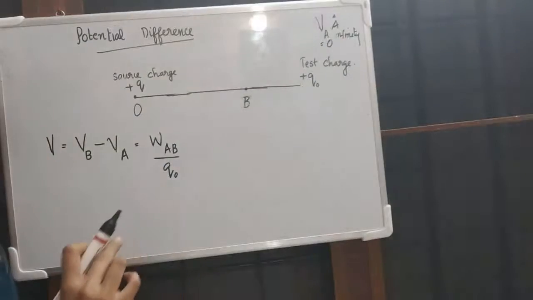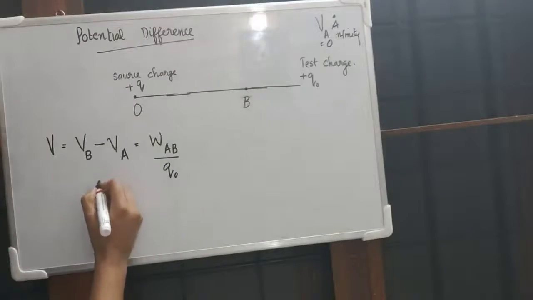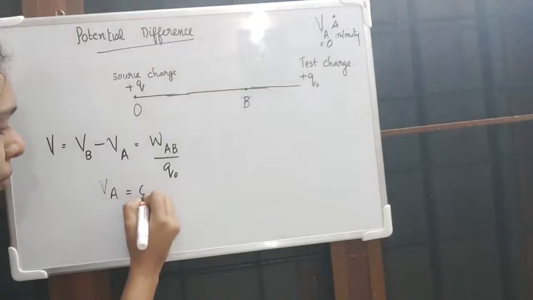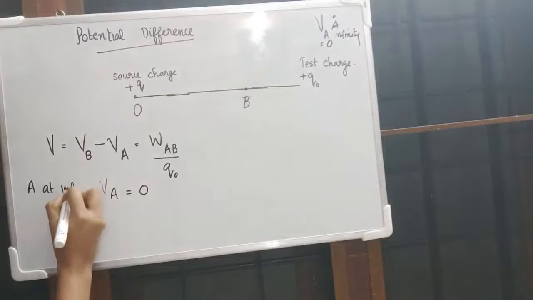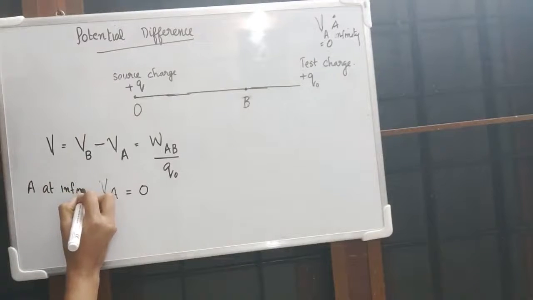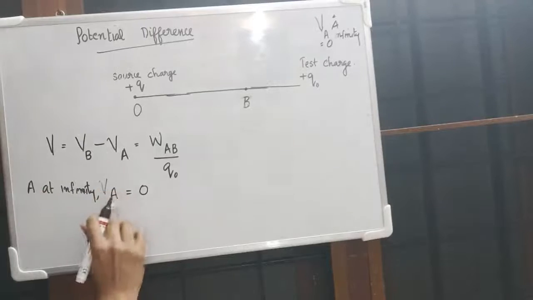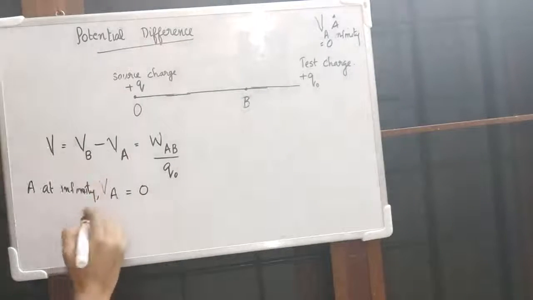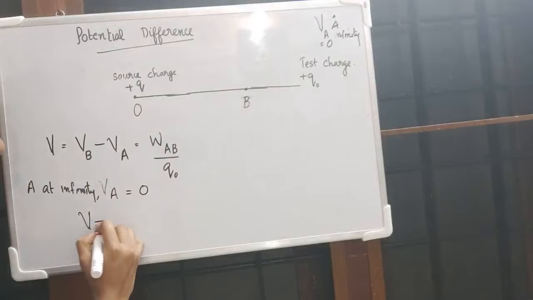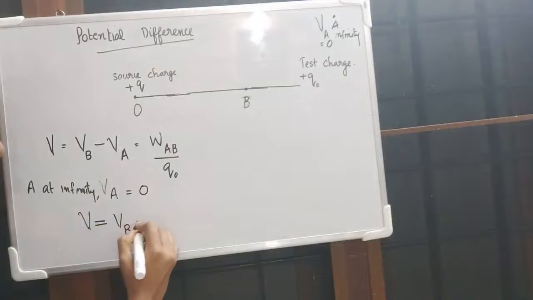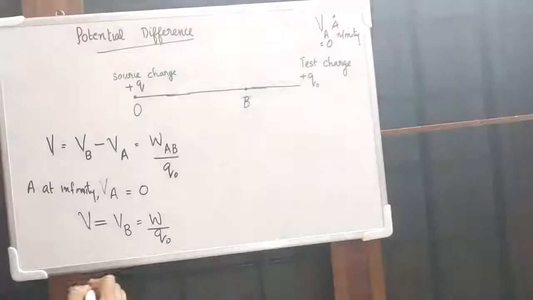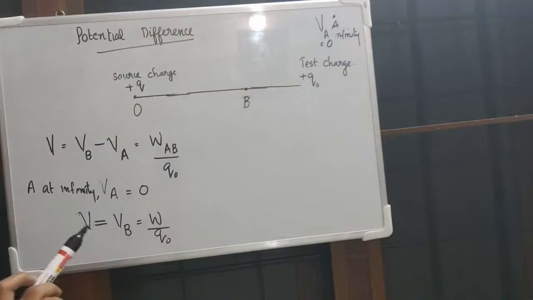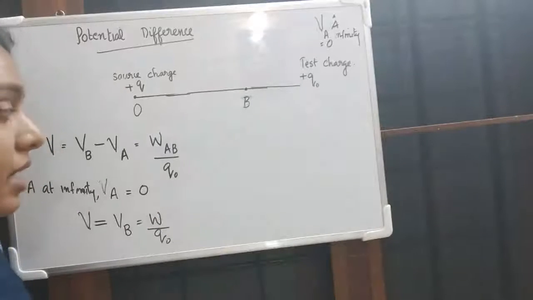And we can make some changes in this equation, since VA is equal to 0 here because A is at infinity. So V, that is VB, is equal to W by Q0. And this is the definition of potential difference when the point A lies at infinity.